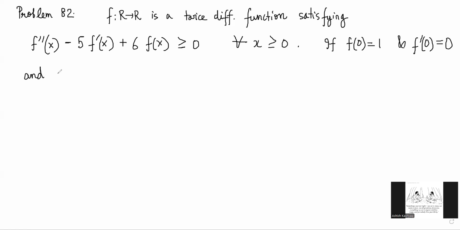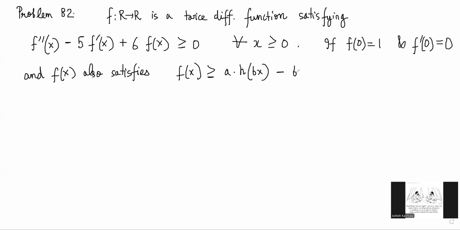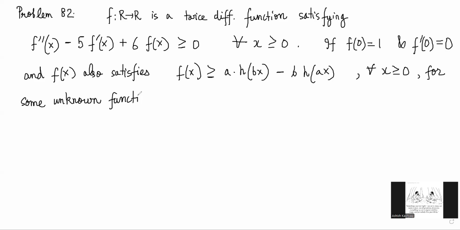and f of x also satisfies the inequality f of x is greater than or equal to a times h of b of x minus b times h of a of x for all x greater than 0, for some unknown function h of x.